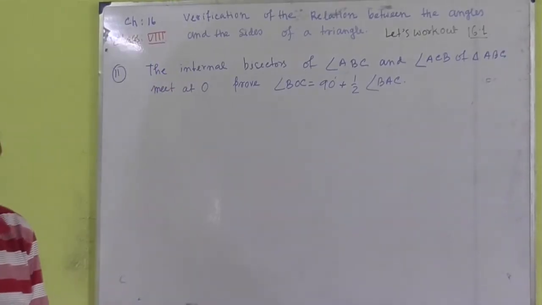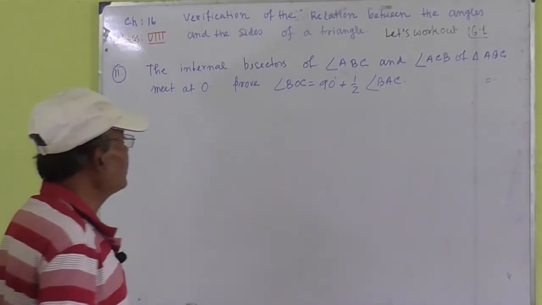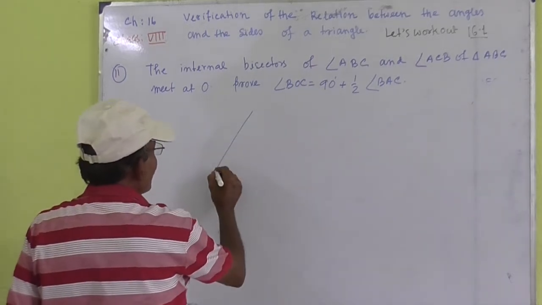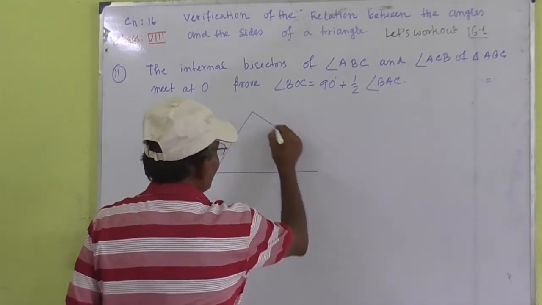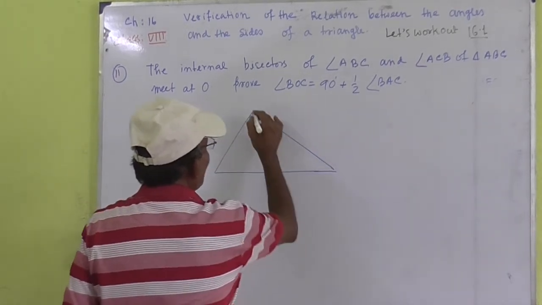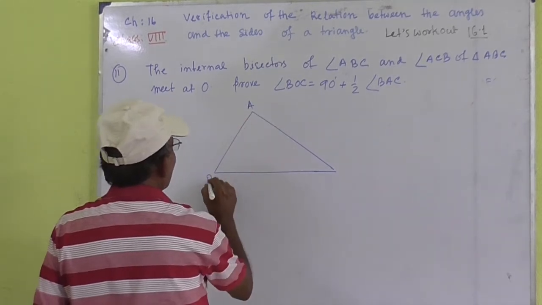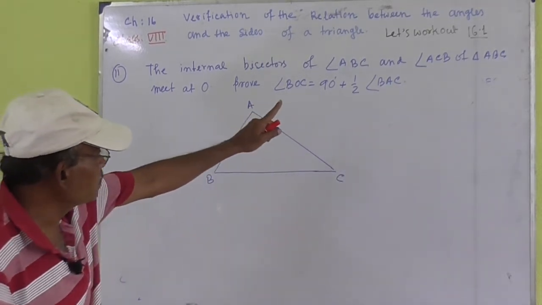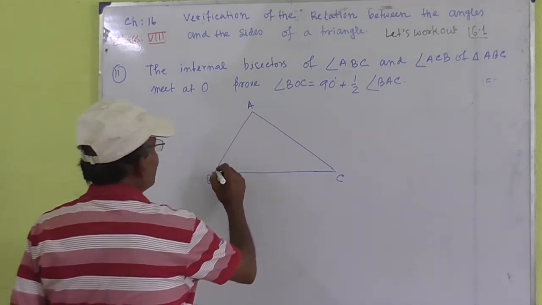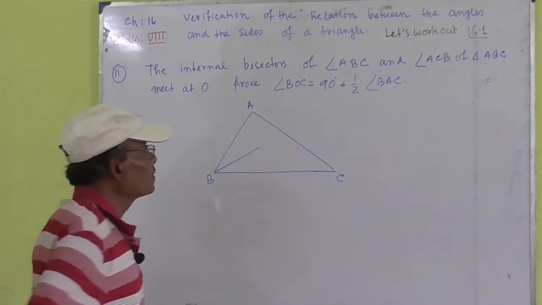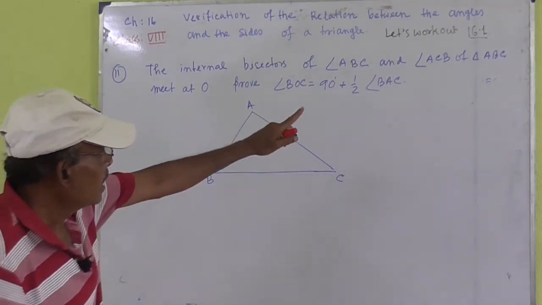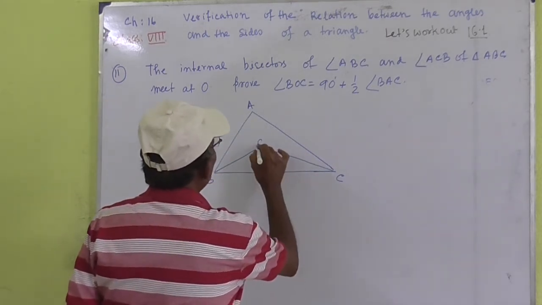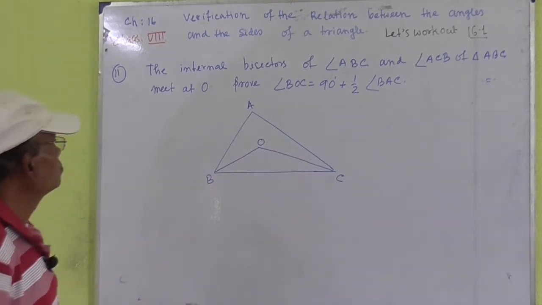the other sum. The internal bisectors of angle ABC, that means this is a triangle ABC. The internal bisectors of angle ABC, that means this, and angle ACB meet at O. Okay.